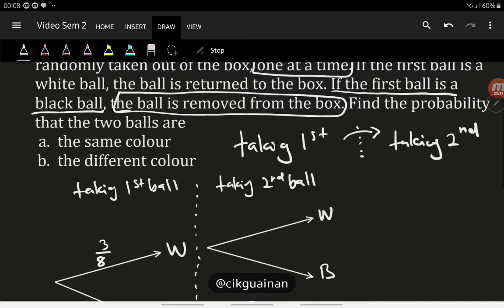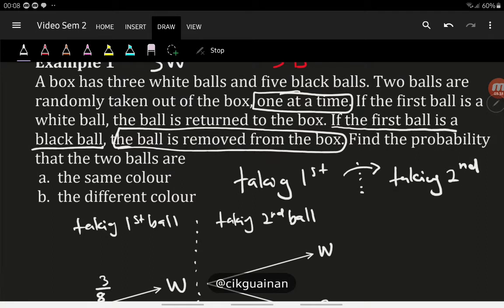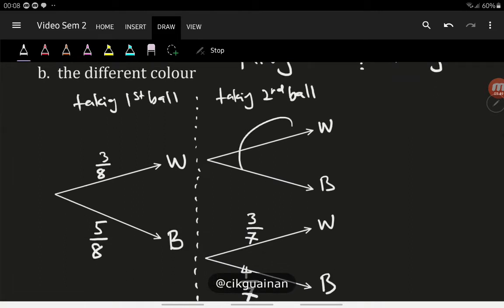Now we still need to fill up the other branch. I misread this one: if the first ball is white, the ball is returned to the box. When we take the white ball as the first ball, we put the ball back in the box, so the total is still 8.